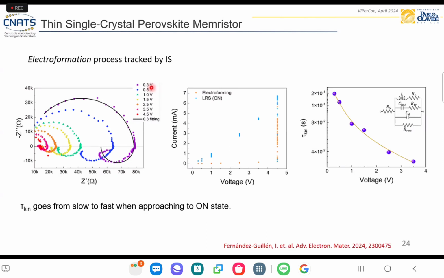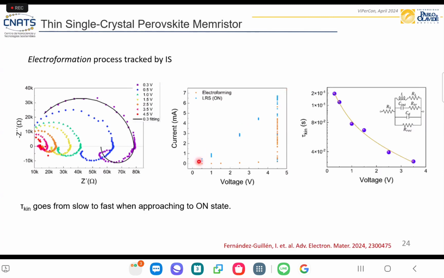However, when we increase the voltage progressively, this negative capacitance, as you can see here, is reducing a lot. The graph in the middle is the DC current extracted from every impedance spectrum at the different voltages. And you can see perfectly that at 4.5 volts, there is the switch on of the memristor.